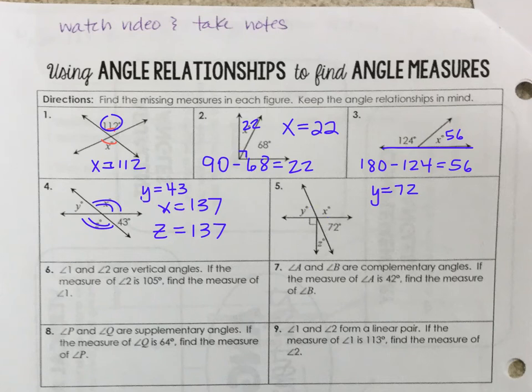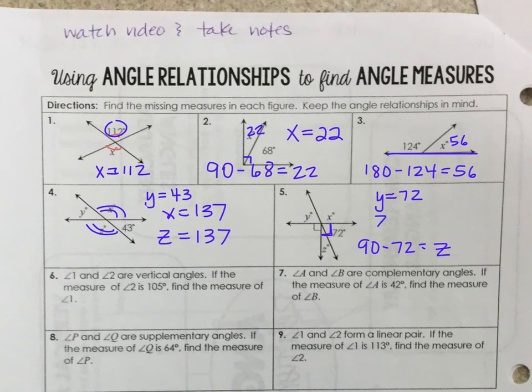We also know that this part makes a right angle since the other side makes a right angle. So I can say 90 minus 72 will equal z. Well, 90 minus 72 is 18. So z equals 18.